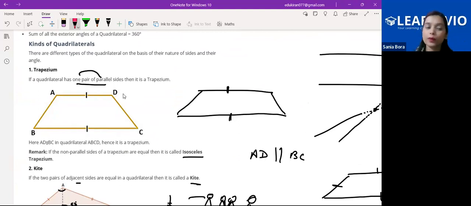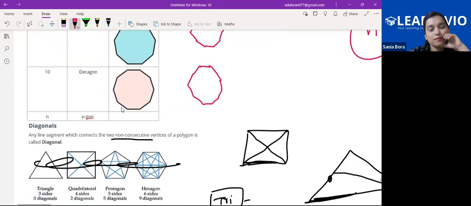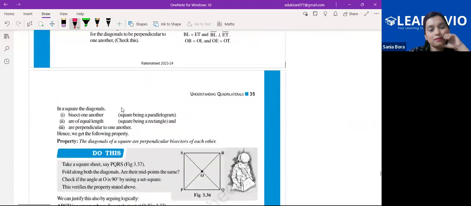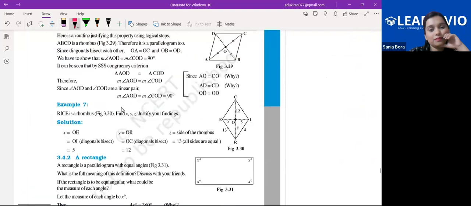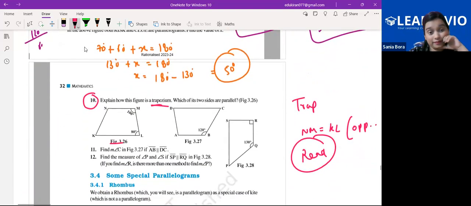And there is one more property which I'll tell you right now. Is it like the adjacent angles make 180 degrees, supplementary? Somewhere that, but not adjacent.